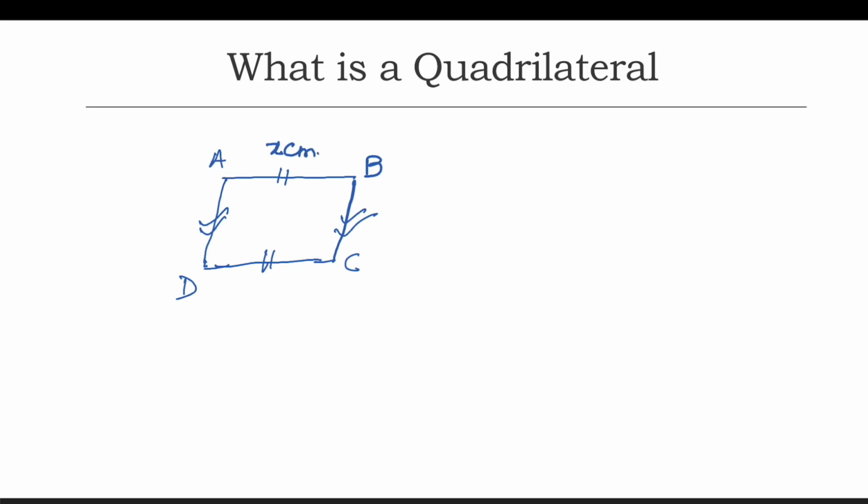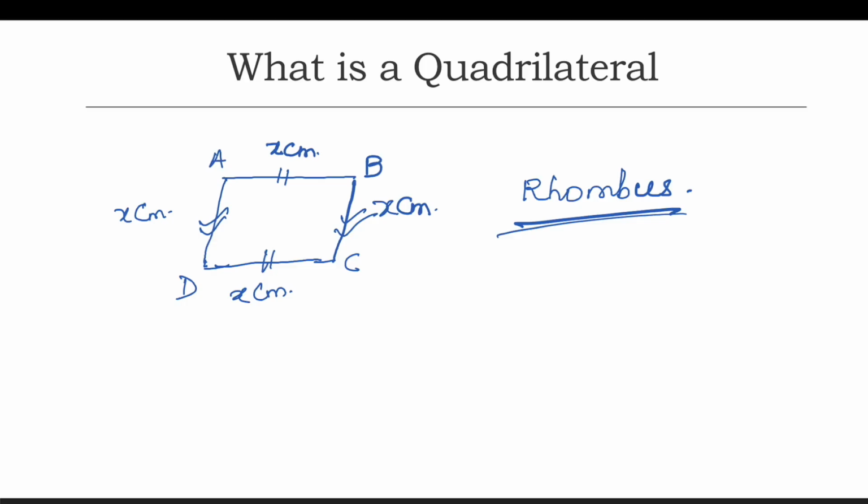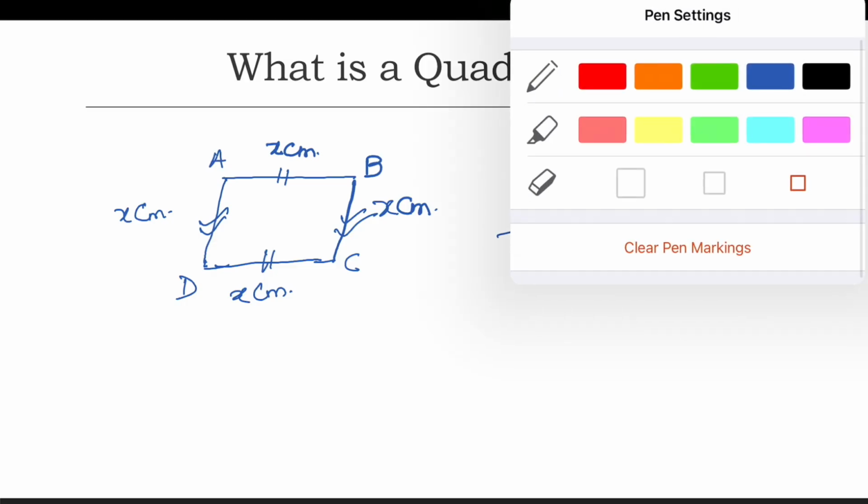So this side is x centimeter, this is x centimeter, this is x centimeter, and this is x centimeter. A parallelogram with all four sides equal is called a rhombus. So from parallelogram, we saw two things, rectangle and rhombus.